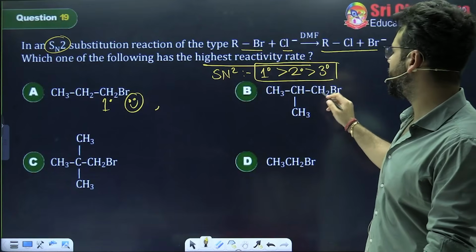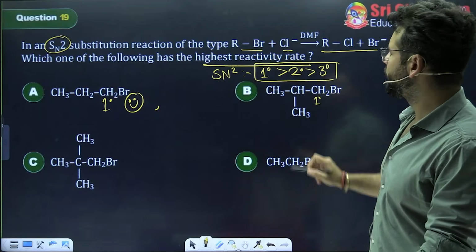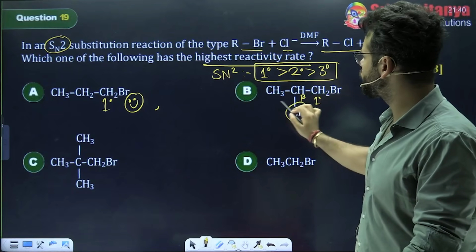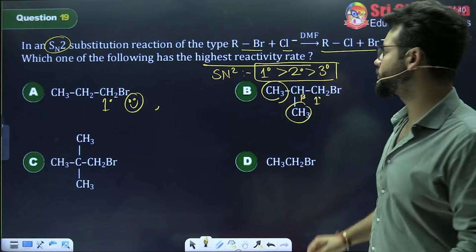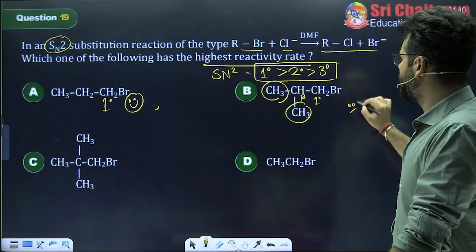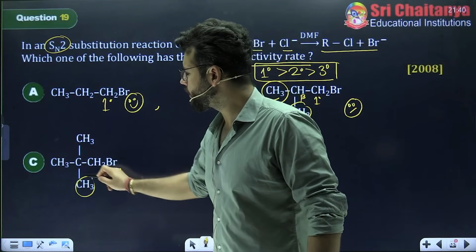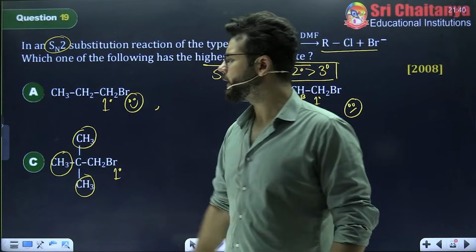Next one is also primary, but if I look at the beta carbon, the beta carbon is too bulky here. It has too many substituents. Not so good. Next one is primary, but then the beta carbon is too bulky.